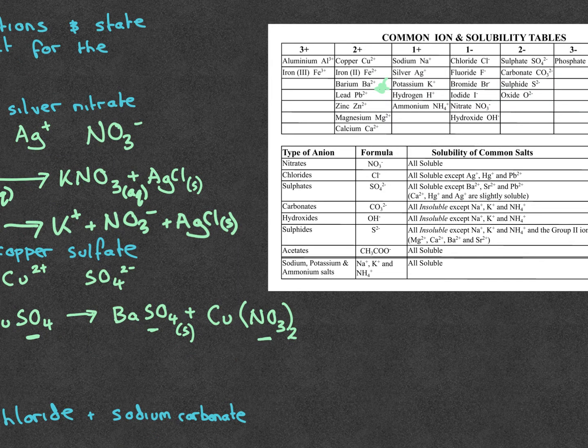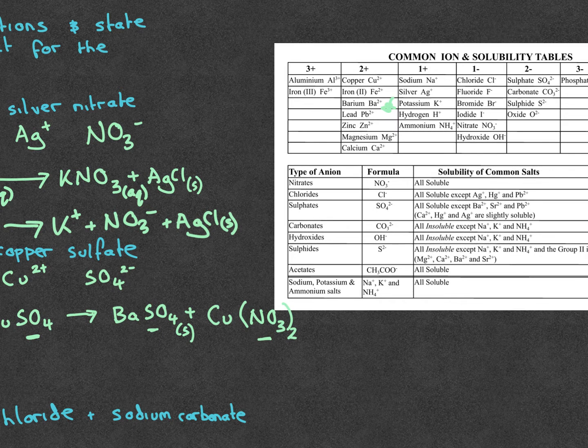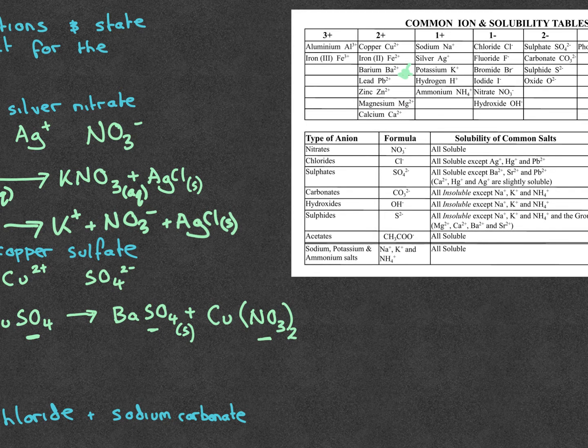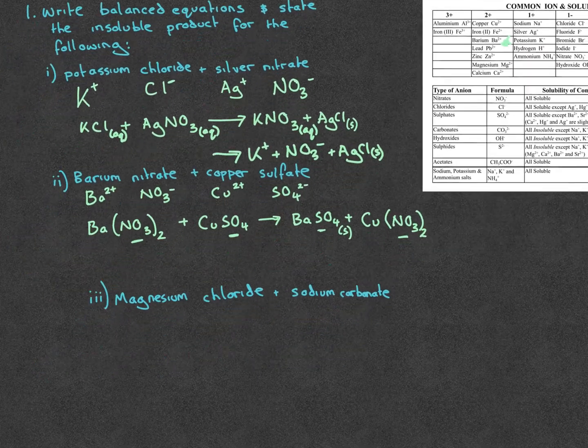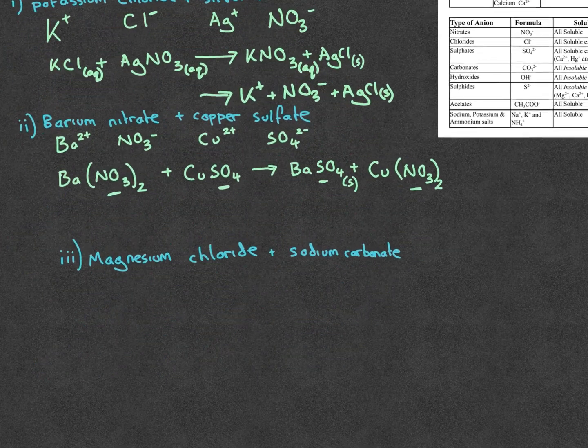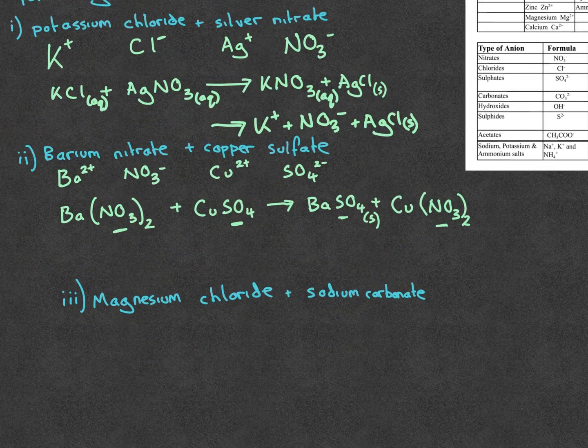Okay, so let's go to the last one. Just move that over. It's magnesium chloride and sodium carbonate. Again, magnesium is a 2+ ion, chloride is a -1, sodium is a +1, and carbonate is a -2 ion.